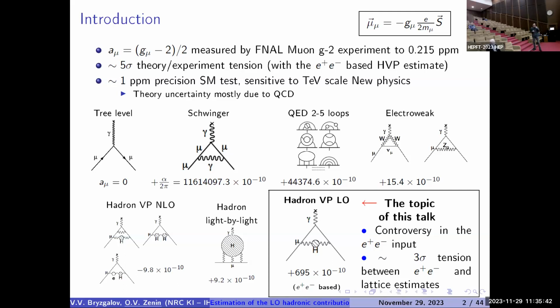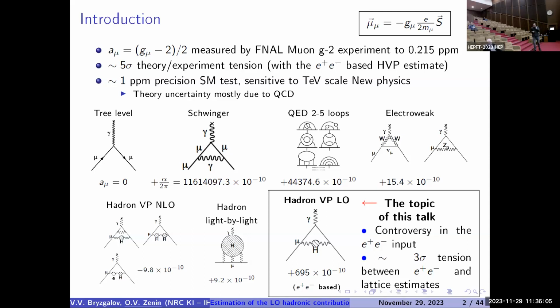So one has to evaluate the hadronic polarization operator at q squared of the order of 1 GeV squared, where perturbative QCD apparently doesn't work.